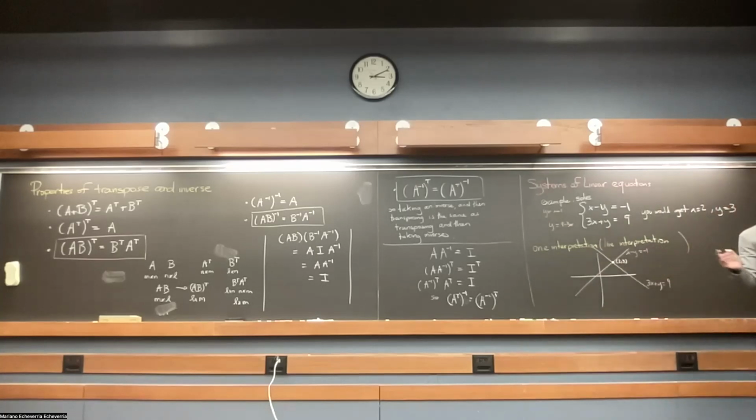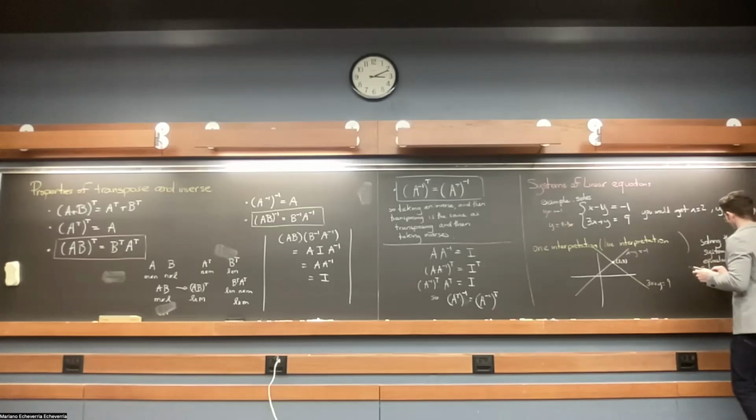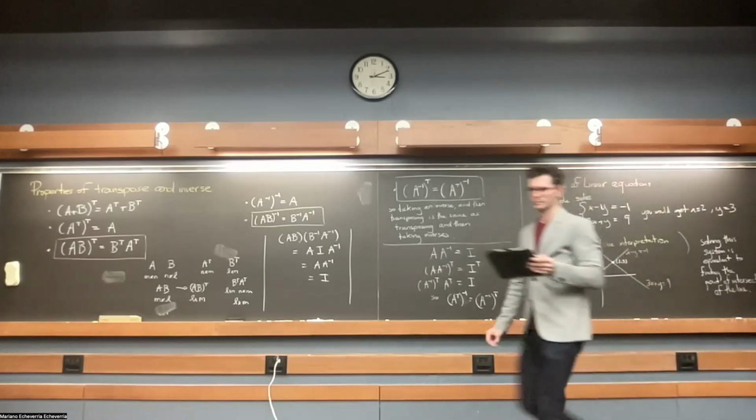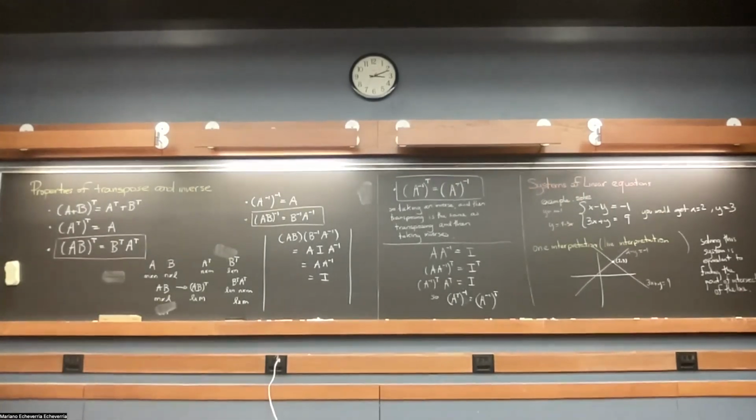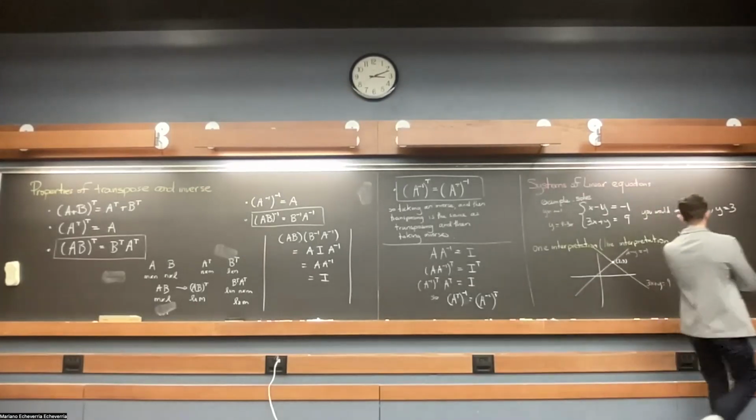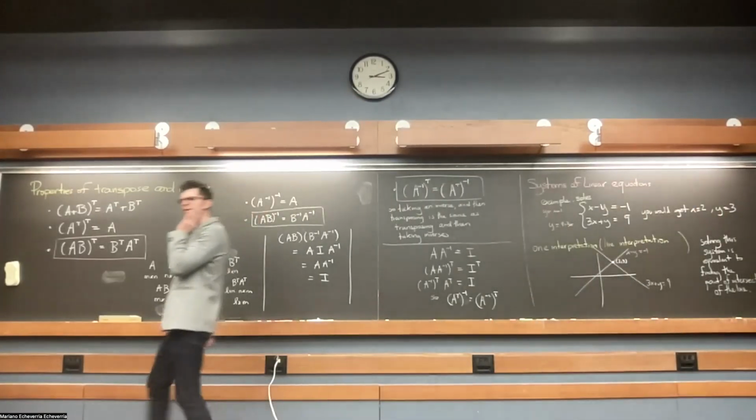So solving the system is equivalent to finding the point of intersection of these lines, if they intersect. Does that make sense? Is that okay? So far, so good.